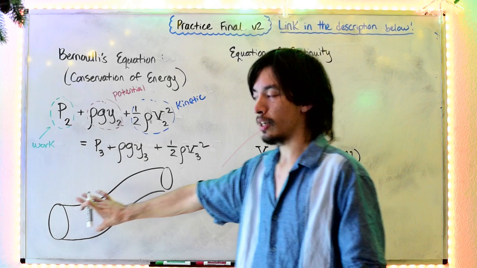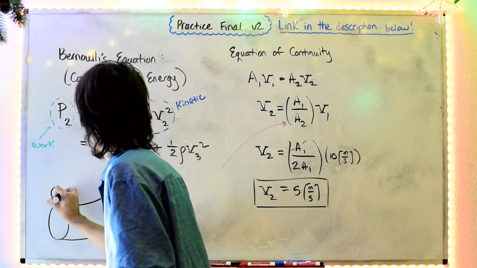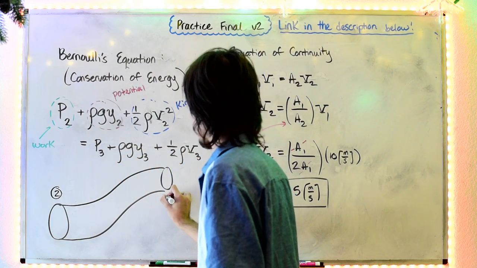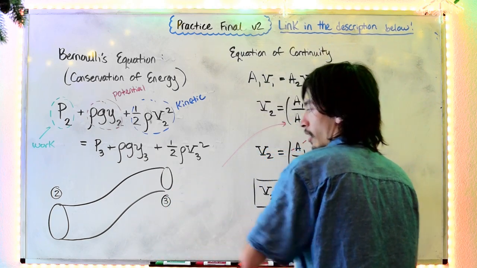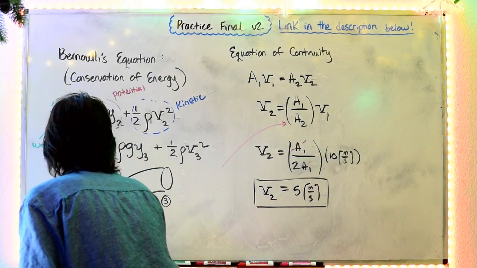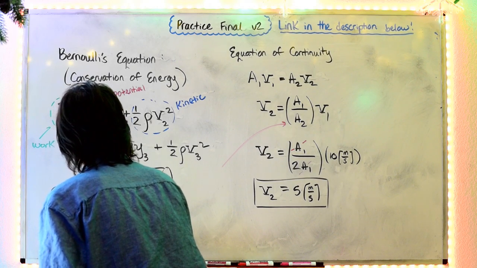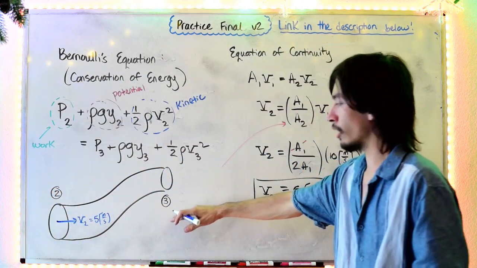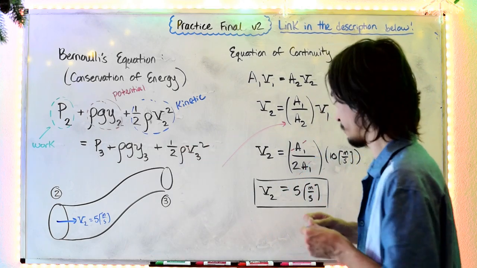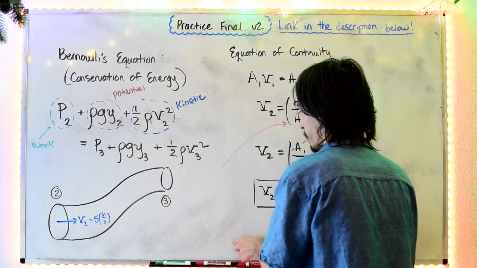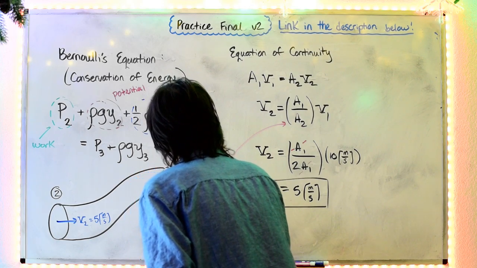On this end, which we're calling 2, and this other end, which we're calling 3, initial to final, the initial velocity v2 is 5 meters per second. We are raising it through a height of, in my correction, 1 meter. So the height rises 1 meter, and that's your delta y.